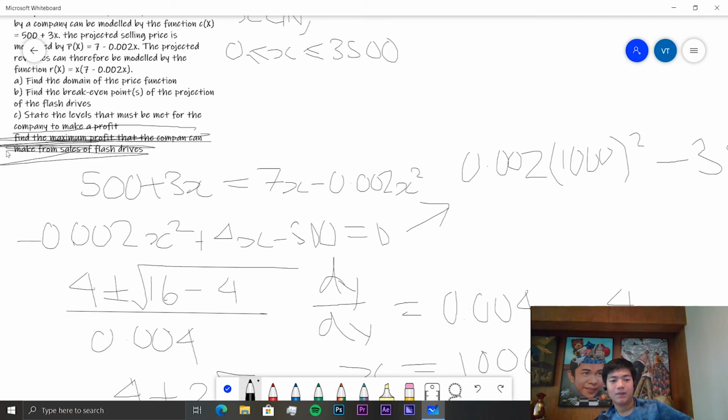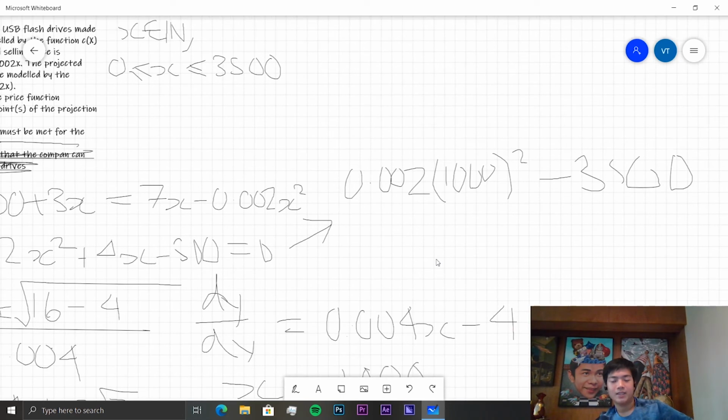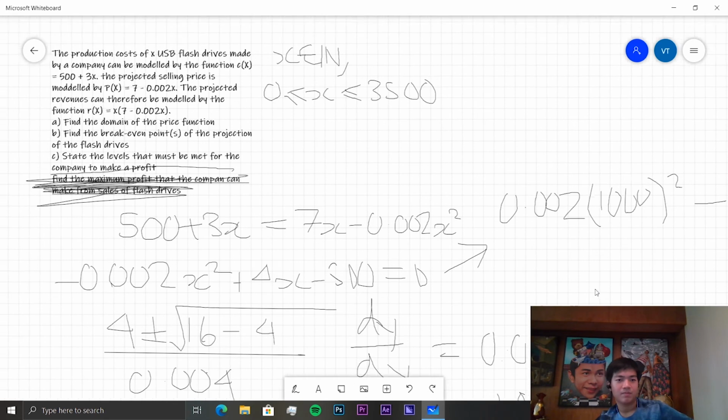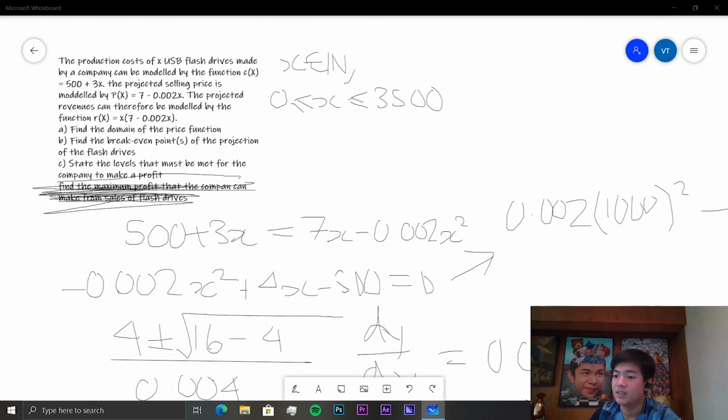But the maximum profit should simply be 4,000 minus 2,000 minus 500, like 1,500, something like that. So yeah, it should be like 1,500.